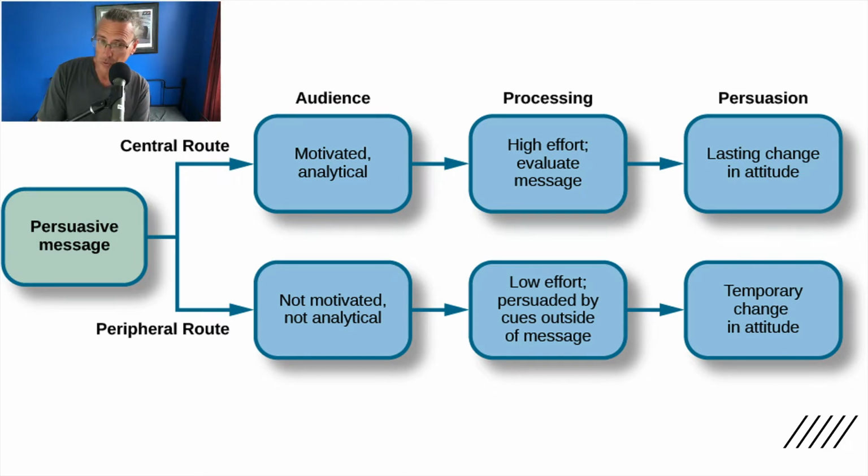The central route is represented by things like lectures, to some extent, like what I'm doing with you right now, but also like a TED Talk. If you want an example, I do Jordan's Norway TEDx. You'll see an example where I'm trying to convince people of something in that talk. I want them to think of the world a certain way, the way I do. And so how do I do that?